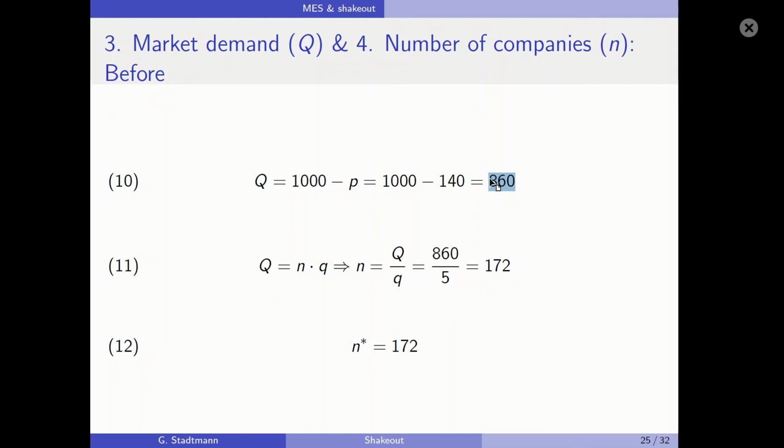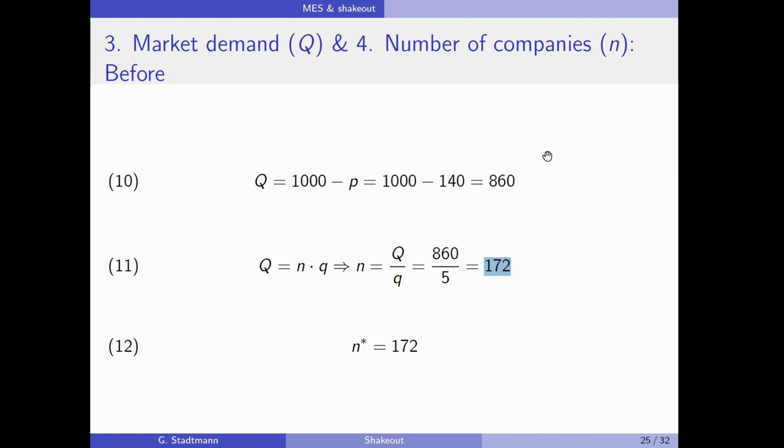We also know that a single company will produce the quantity of 5, and therefore we are able to compute that in this industry 172 different companies will survive in the long run equilibrium. 172 companies are producing in this industry.